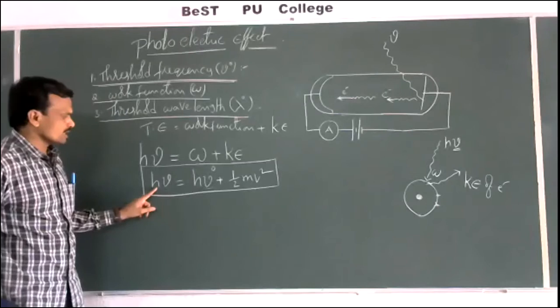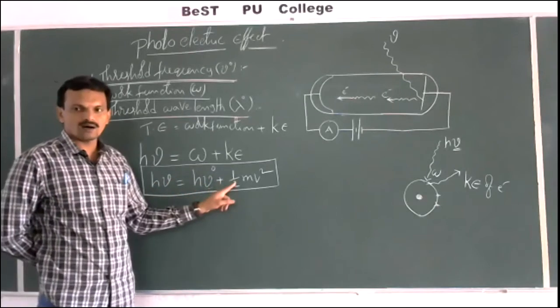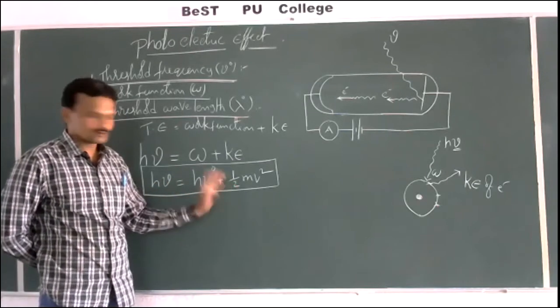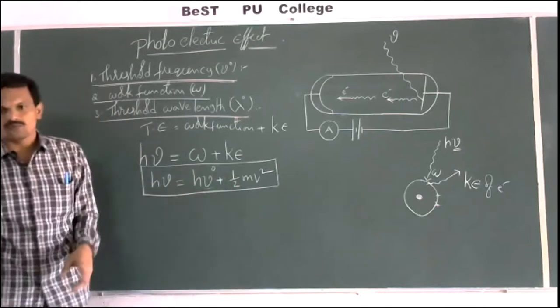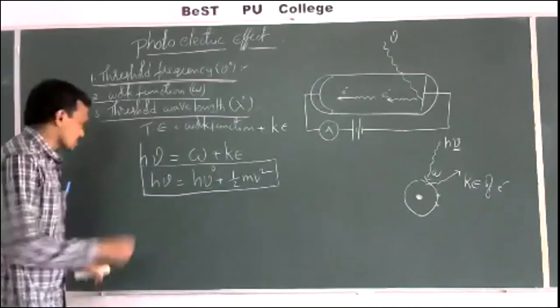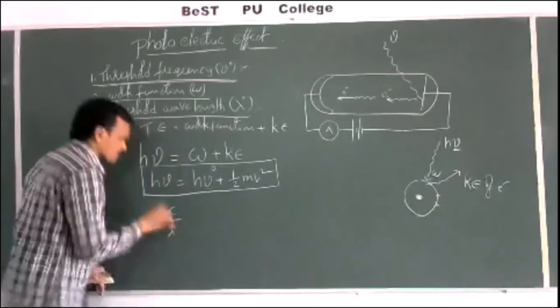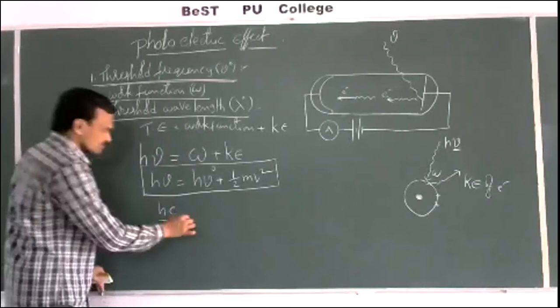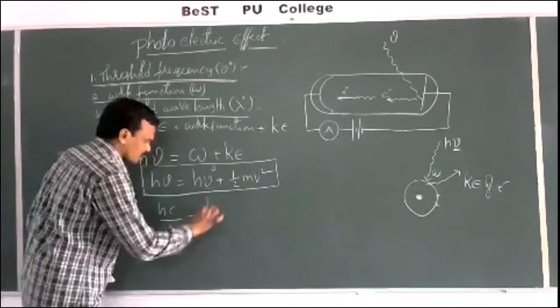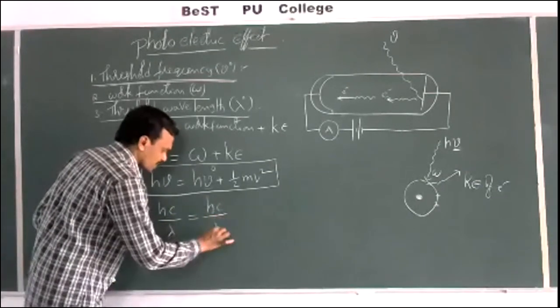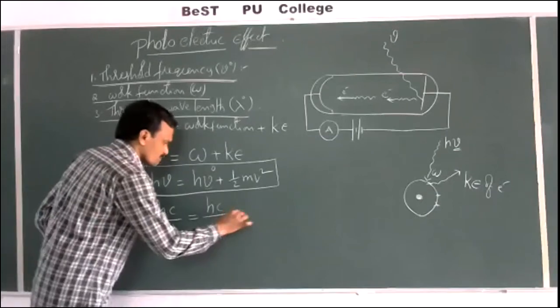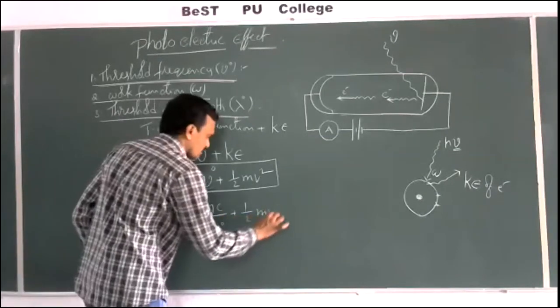So h nu is equal to h nu naught plus half m v square. Suppose the same in terms of wavelength, then this becomes hc by lambda, because nu is equal to c by lambda. Hc by lambda is equal to hc by lambda naught plus half m v square.